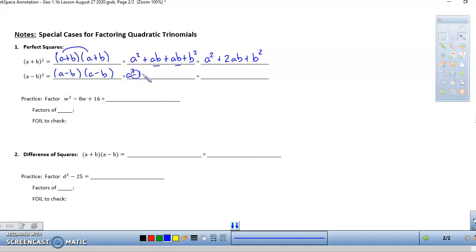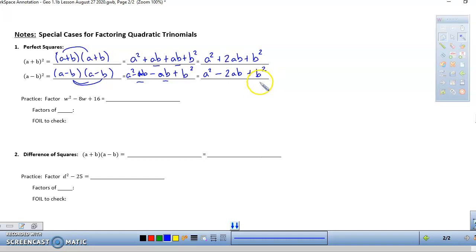This time it's going to be minus ab, and then another minus ba, but I'm going to write it as ab, and then plus, because a negative b times a negative b is a positive b squared. So again, these are like terms. So I have a total of -2ab and then b squared.